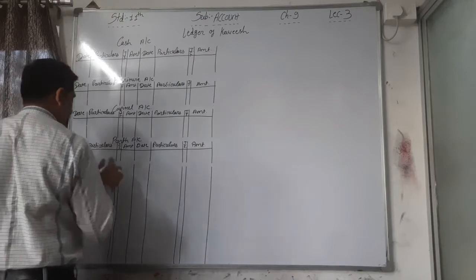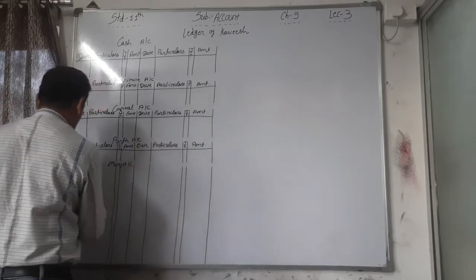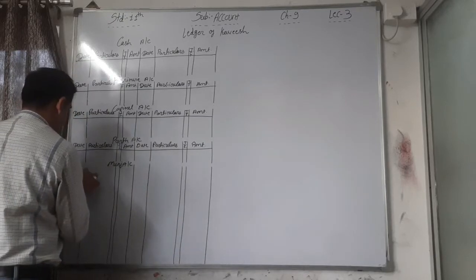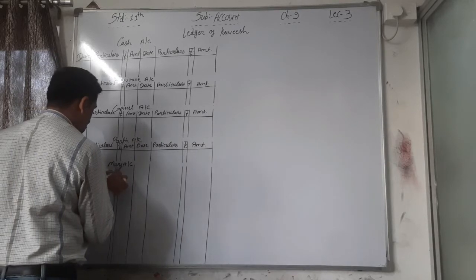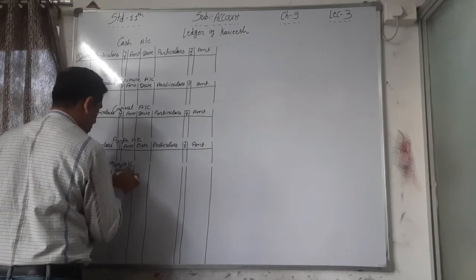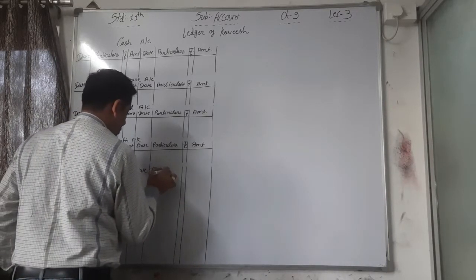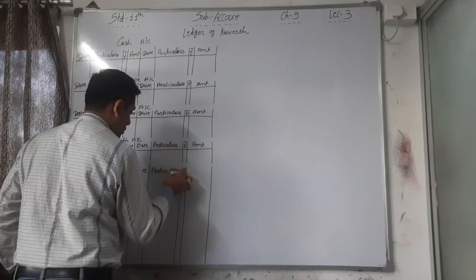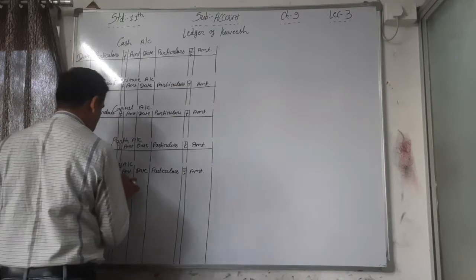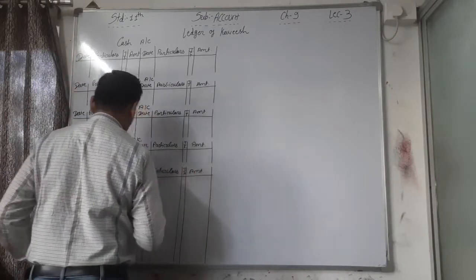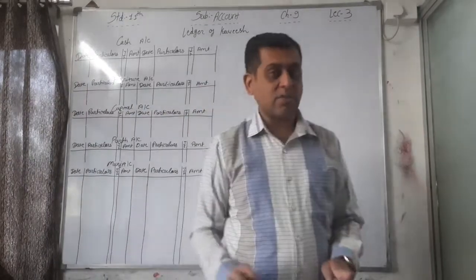Now Munj account. Parth and Munj account is there, and the cash account is already there.